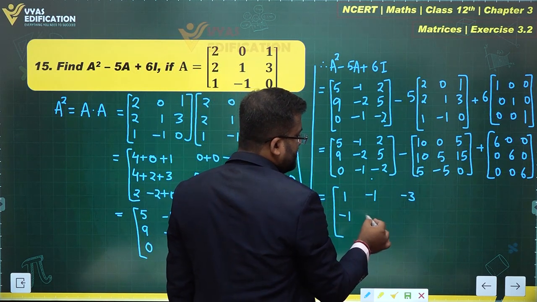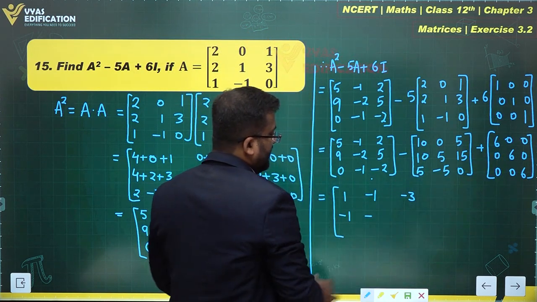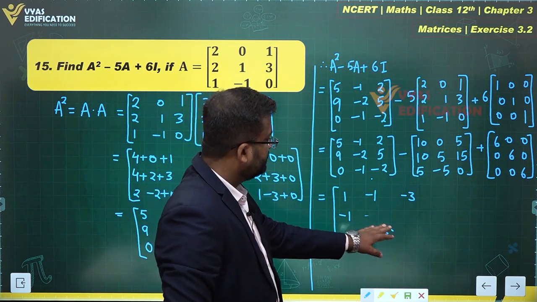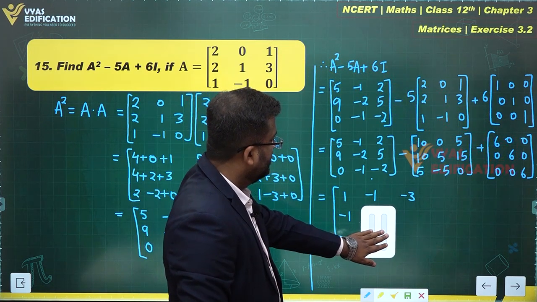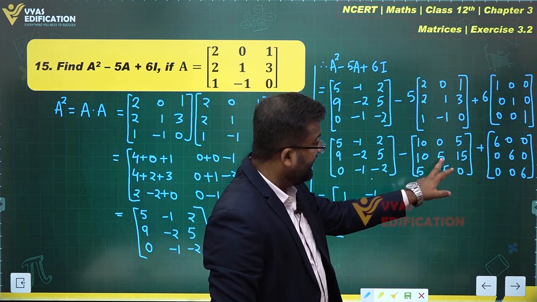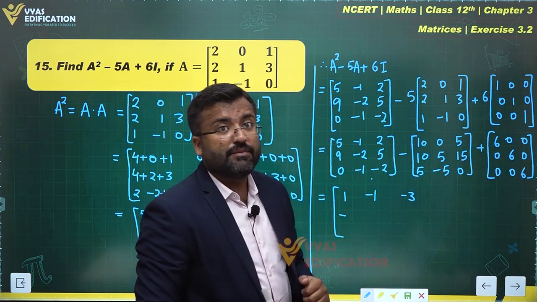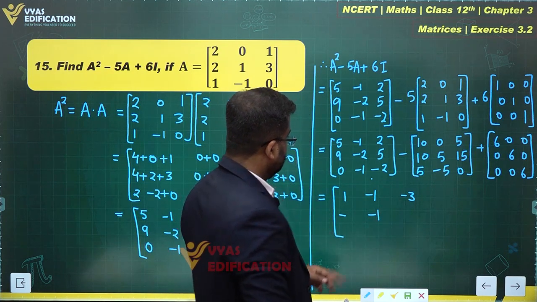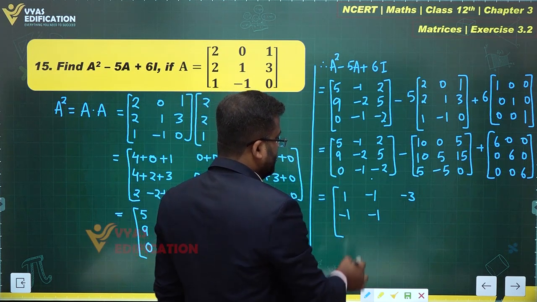This particular element: minus 2 minus 5 is minus 7, plus 6. Minus 7 plus 6 would be minus 1. What was this element? 9 minus 10, which is minus 1.